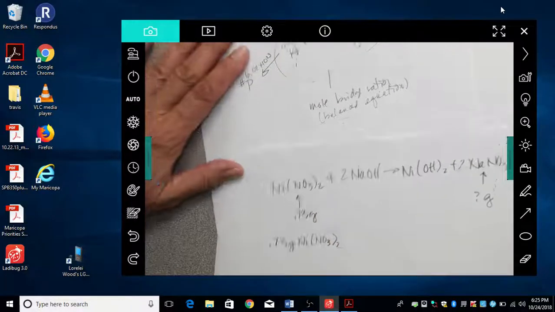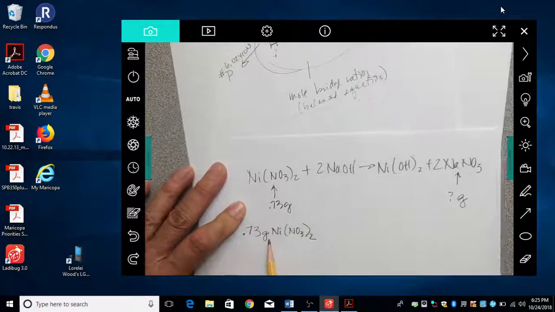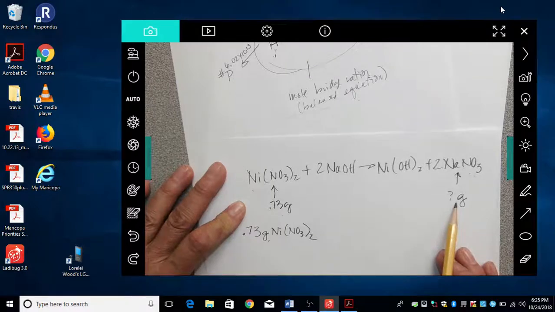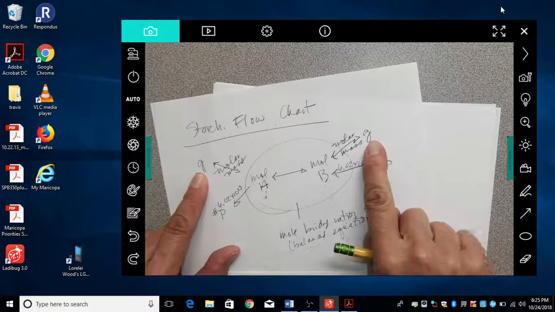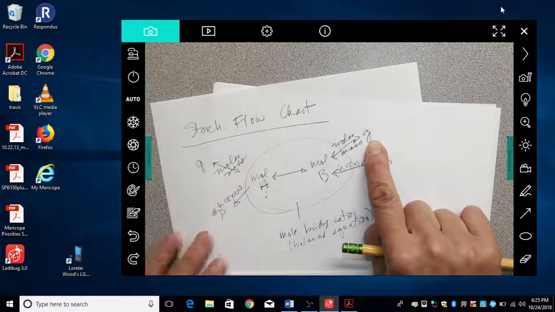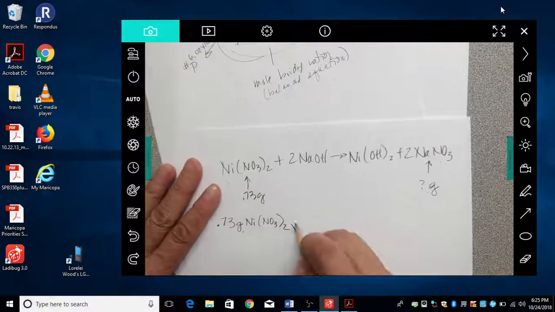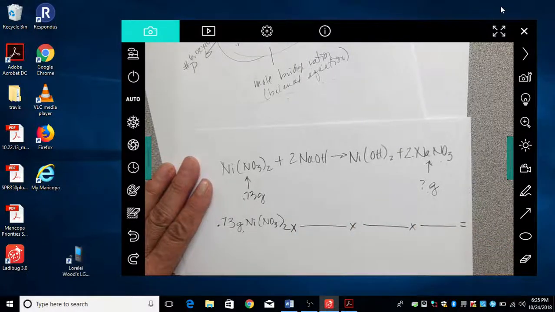And if we consult our stoichiometry flow chart, we're starting at grams of one thing, and we need to get to grams of another. So this is a big honking problem. Grams to grams. So that involves 1, 2, 3 steps in our stoichiometry flow chart. So I need 1, 2, 3 conversion factors.